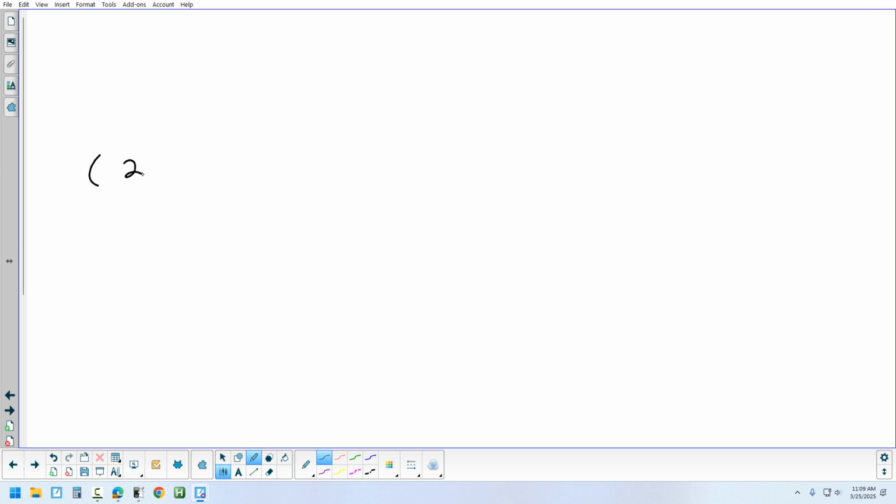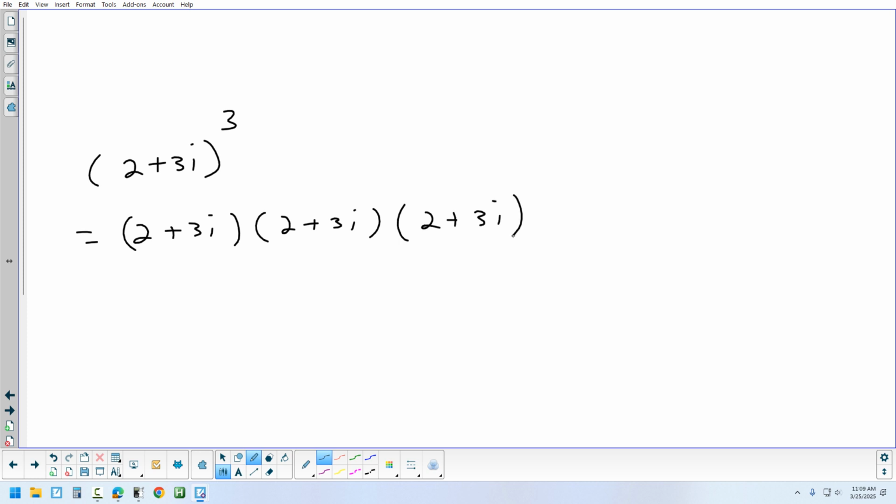Because think about if you're raising something to a power. Let's take 2 plus 3i, and let's say I wanted to raise that to the third power. Third power is not even that bad. It's still going to take me at least a minute or 2 minutes to do that, right? Now just imagine it was to the 300th power. It's only 3.